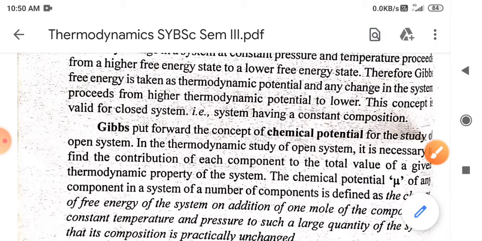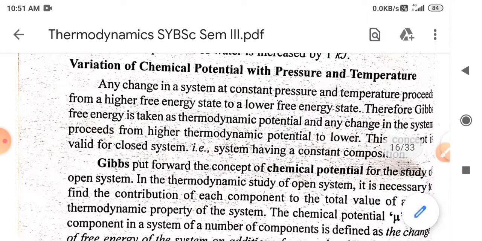With change in the pressure, we obtain two important relations: Gibbs free energy change with respect to pressure and Gibbs free energy change with respect to temperature. There we obtained that for change in pressure it is volume, and for change in temperature it is minus of entropy. Likewise we will be obtaining the change in chemical potential with respect to pressure and temperature.